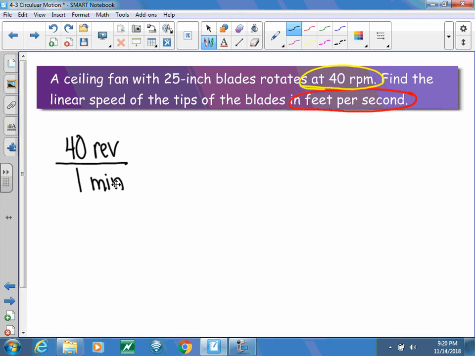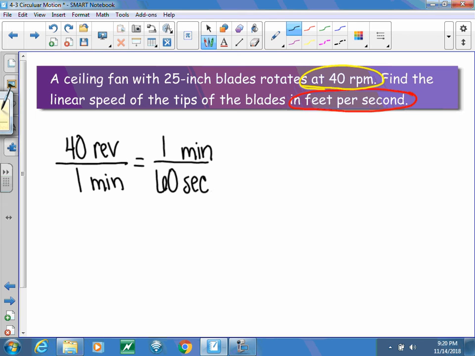I'm going to start with the time, so go from minutes to seconds. I know that there are 60 seconds in 1 minute. Since minute is down here in my denominator, I'm going to put minutes up here in my numerator. And in 1 minute, there are 60 seconds.